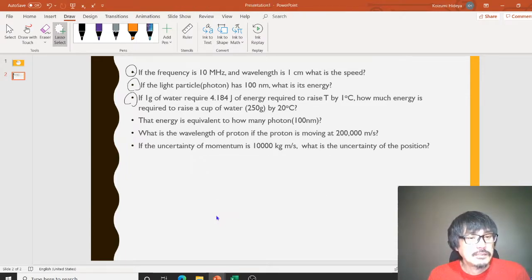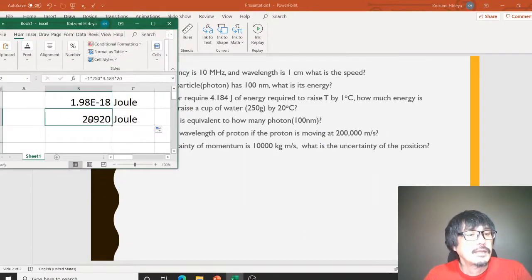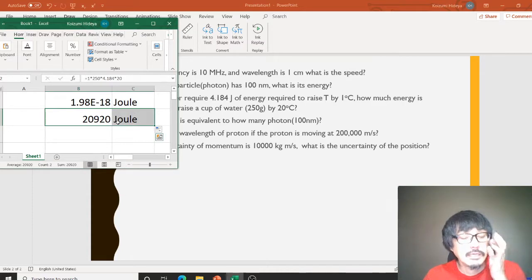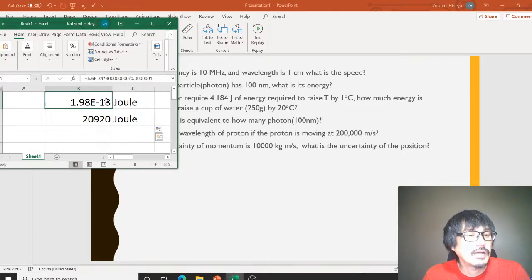Next is that energy equivalent to how many photons. So the energy required to raise the cup of water temperature by 20 degrees is 2920, right? And that energy is equivalent to how many of those photons combined together.